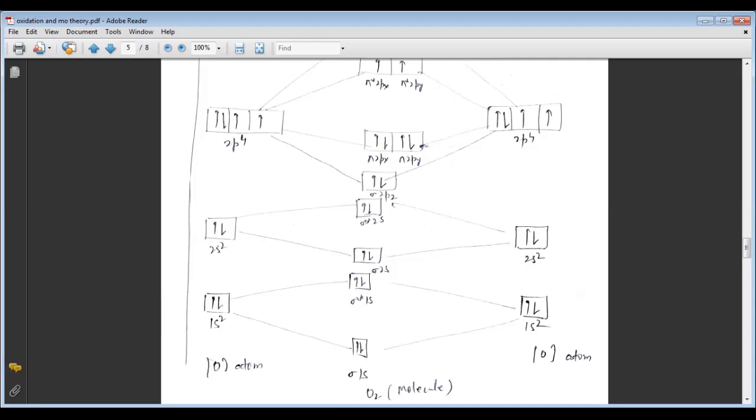And in the other oxygen atom again there are 8 electrons. So the total number of electrons is 16. Now we are filling the 16 electrons in the molecular orbitals.